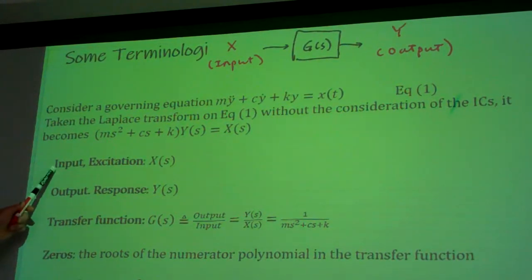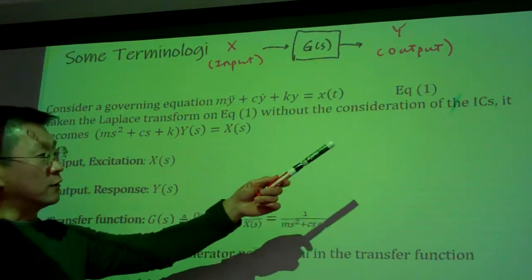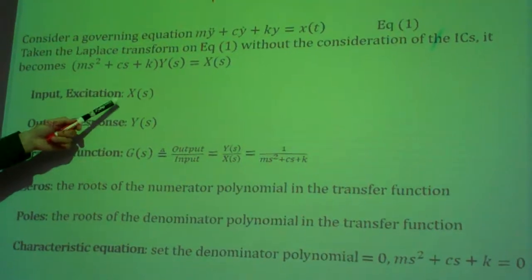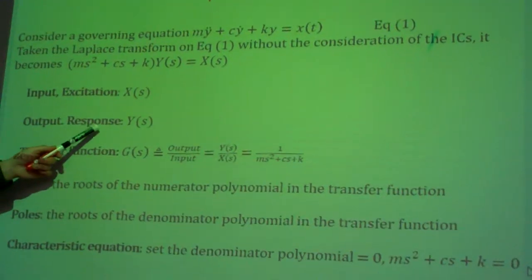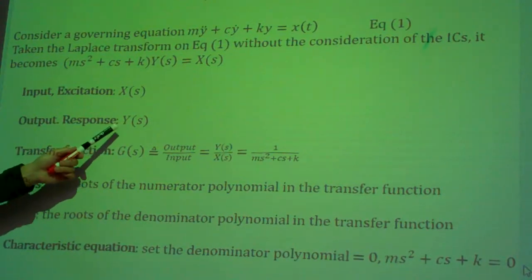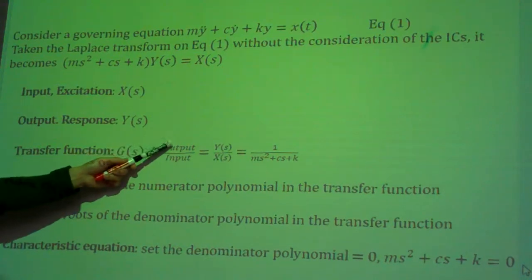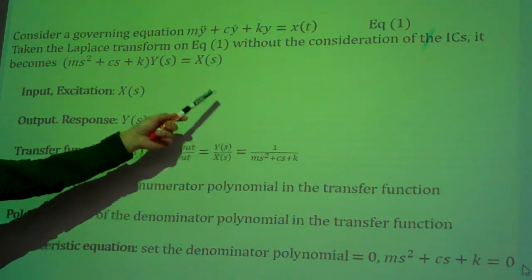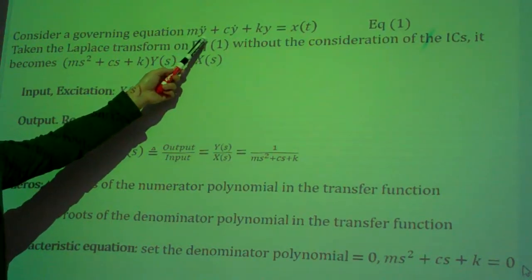Here we call the input the excitation. Basically, for our vibration, this is the excitation, that is a force, and the output is the response. Basically, that is our degrees of freedom. Transfer functions are basically the relation between the output and input, so y over x. For this example, the degree of freedom is y, that is the response.